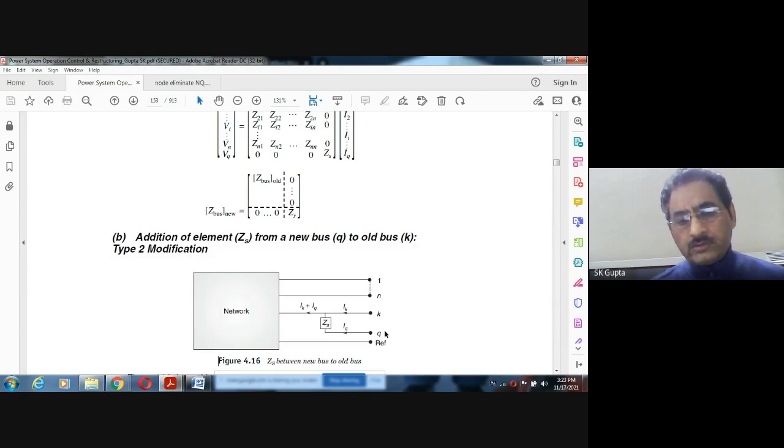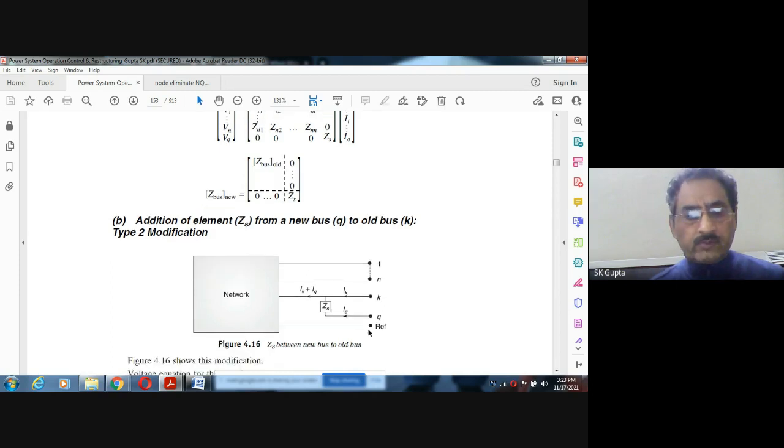When we do this, what is the equation for the voltage VQ? Voltage of the new bus VQ will be equal to Zs IQ plus VK. VK is already there. VK is the voltage of the kth bus. So VQ is equal to Zs IQ plus VK. So this is one more equation.